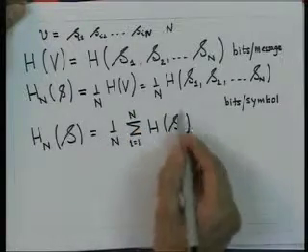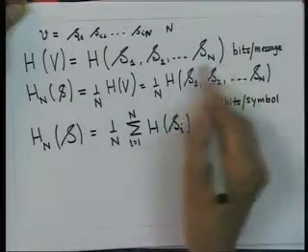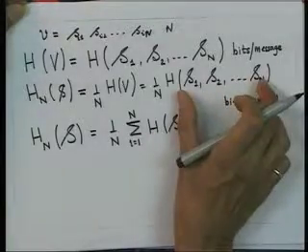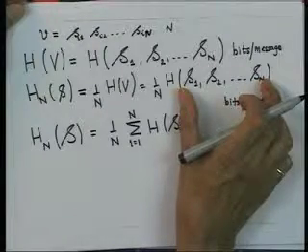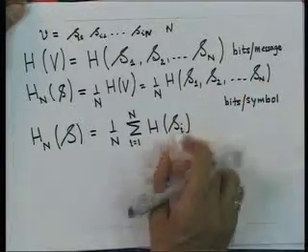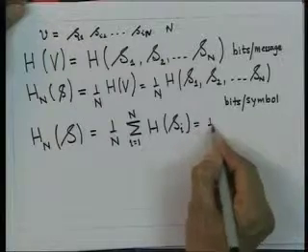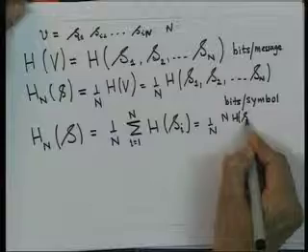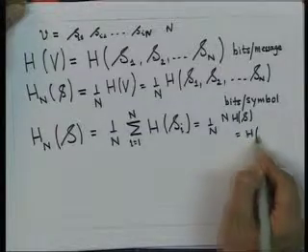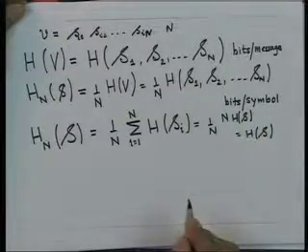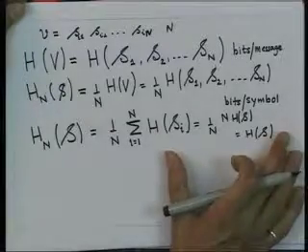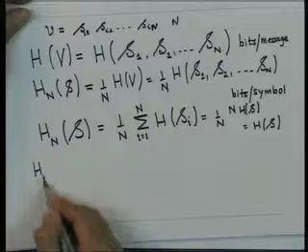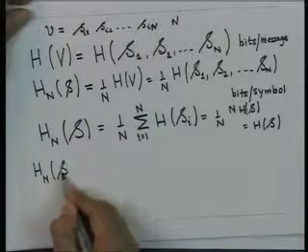This expression I can write provided my symbols in this message of symbol length N are independent, and in that case I can simplify this to be H of S. Now if the symbols are dependent, then I cannot write like this, and then I can go to a more fundamental definition.